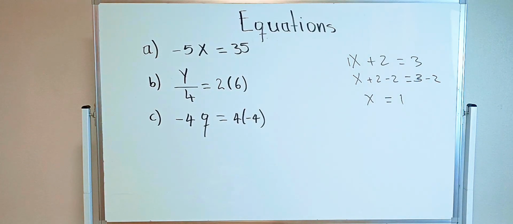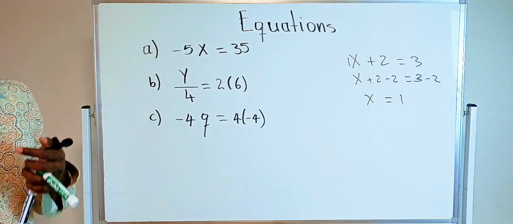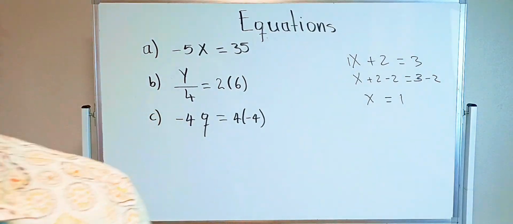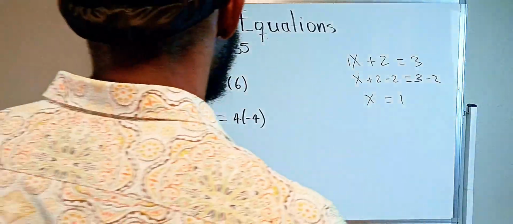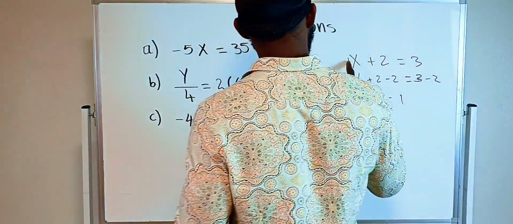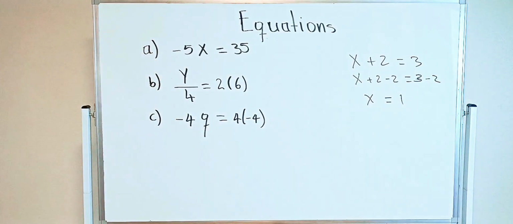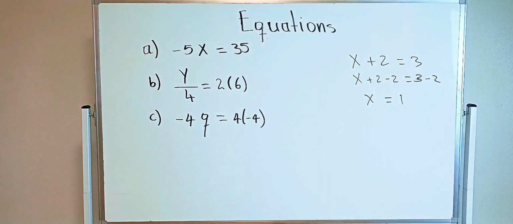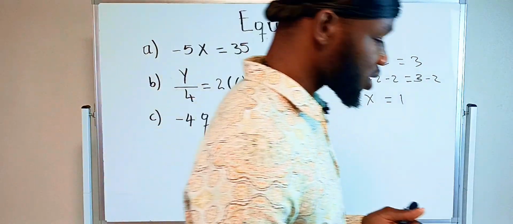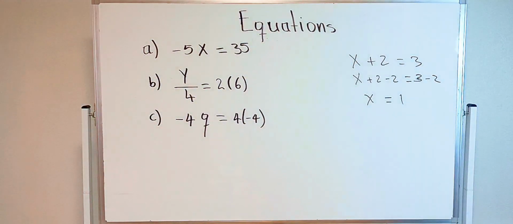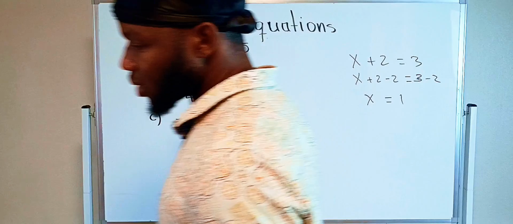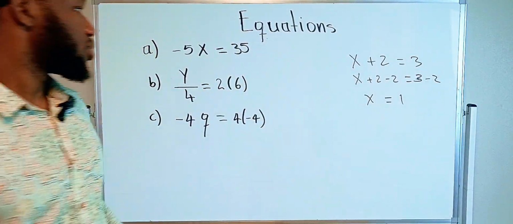But they will care when the number in front of x is not 1. When it's other than 1, we want to bring in multiplication or division in order to simplify. That's exactly what we want to do with these examples.